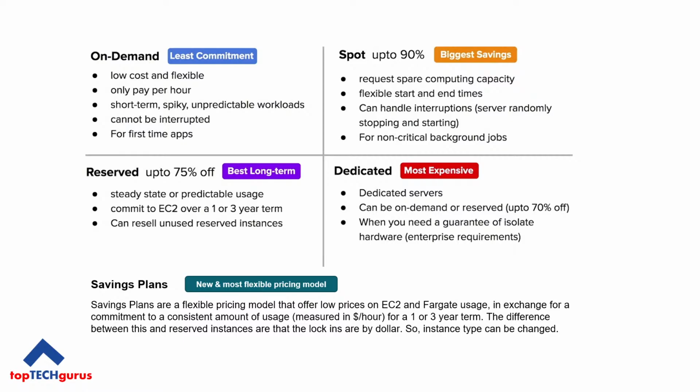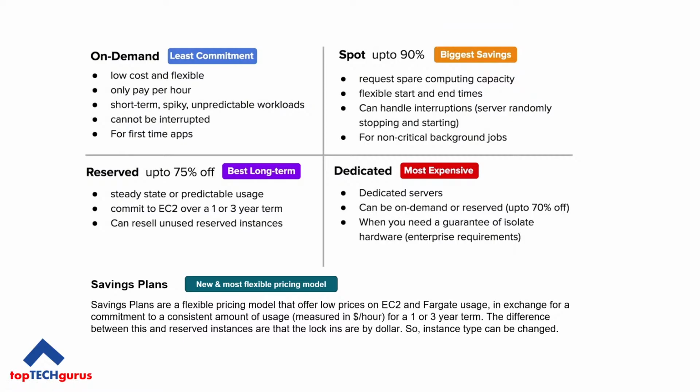So it was able to handle interruptions, and it was non-critical in the sense that it was not used by the main business of the company. It was more for internal users pulling HR reports, so this does not stop the business of the company. For those kinds of instances, you can use spot instances.